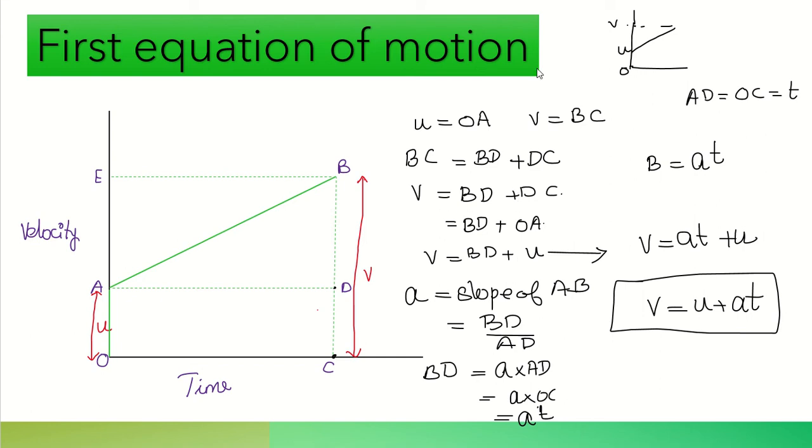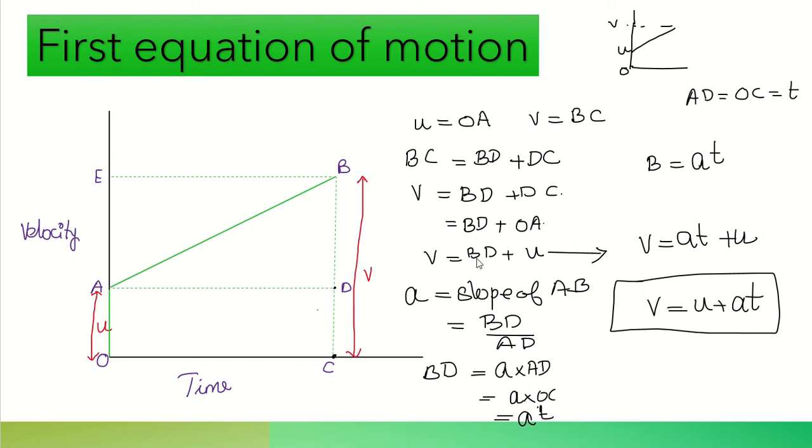I'll explain once again. We have initial velocity u is equal to OA and v is equal to BC. Observe the graph. BC, that line, I'm splitting into BD plus DC. Instead of DC, I'm taking OA because it's exactly parallel to DC. OA is our initial velocity.